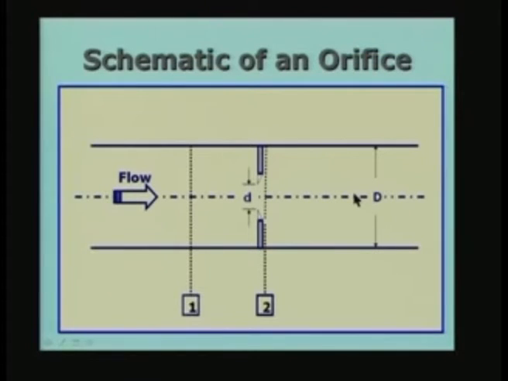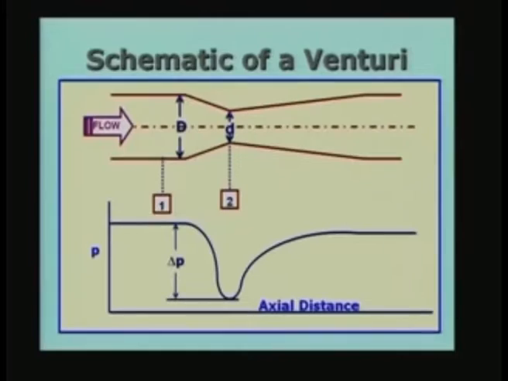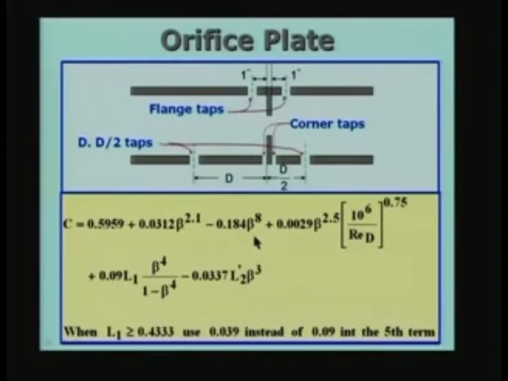Beta is the symbol which is used for all the three different types of flow meters, the orifice plate, the nozzle as well as the venturi. So, it depends on beta. Secondly, it depends on the Reynolds number of the fluid flow within the pipe in this portion.